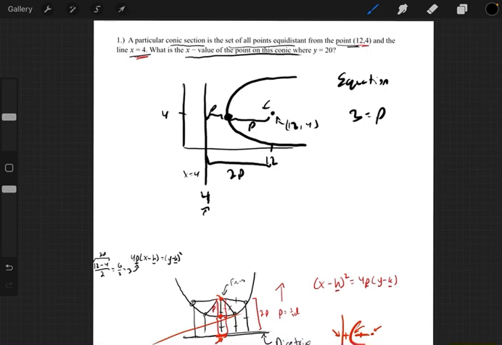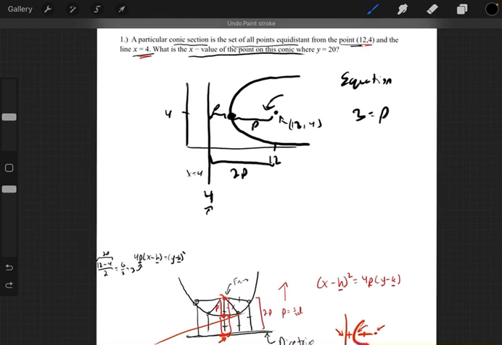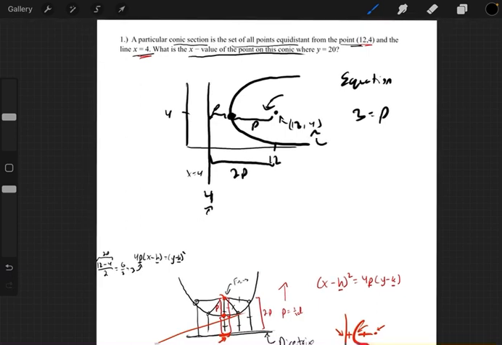This is not drawn to scale, by the way. What that means is that on the y-axis, the y value stays constant throughout the entire thing. So whatever the y value for the focus is, that is what the y value is for the vertex.